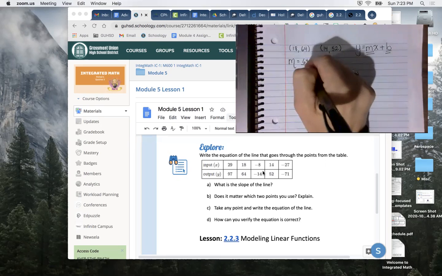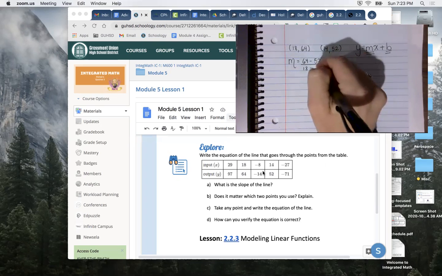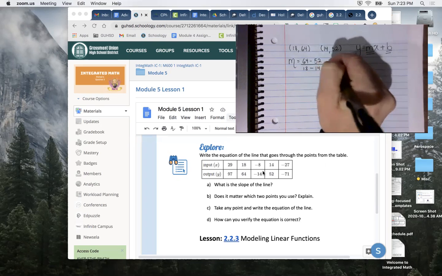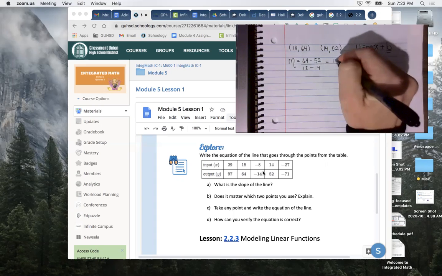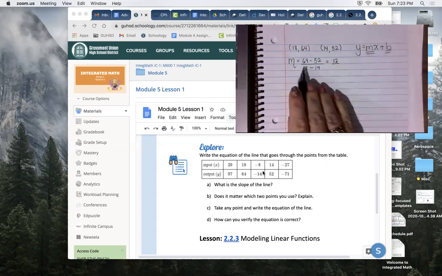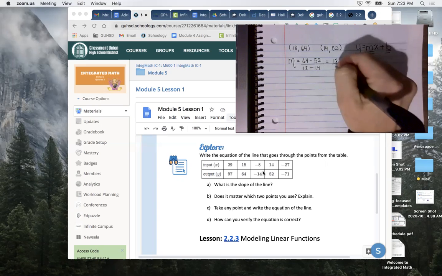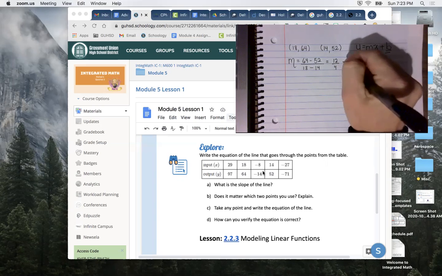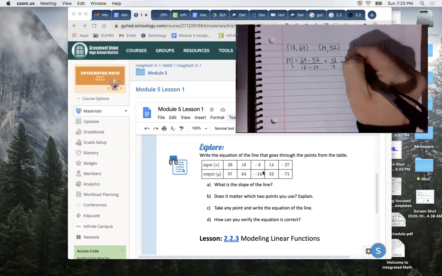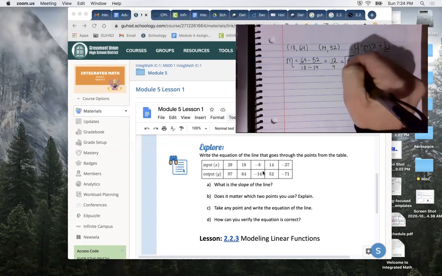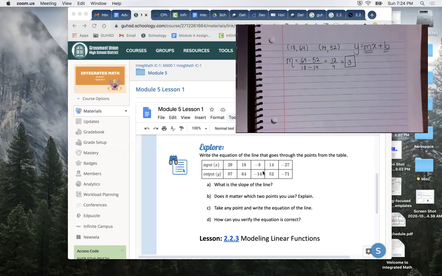So I have 18 minus 14. That gives me a difference on the top of 12 over a difference on the bottom of 4. 12 divided by 4 is 3. So the slope of this line is 3.